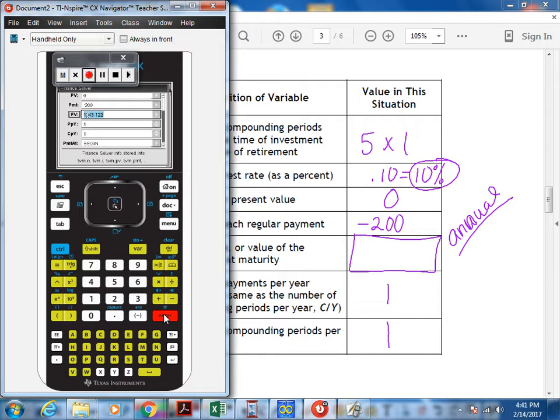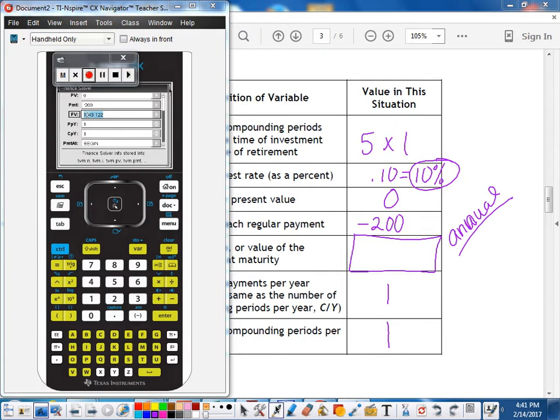So on this first problem, you are going to play around and change your compounds. Try changing the compound to quarterly. Tell me what numbers you got for that.